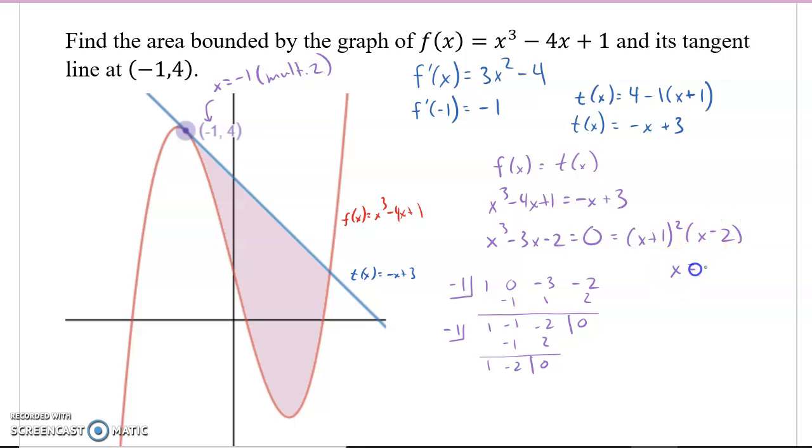So x equals 2 is that mystery value we're looking for. It's the x-coordinate of the other point of intersection, the y value being negative 2 plus 3, or 1. You can verify that by evaluating this function at x equals 2. We get 8 minus 8 plus 1.